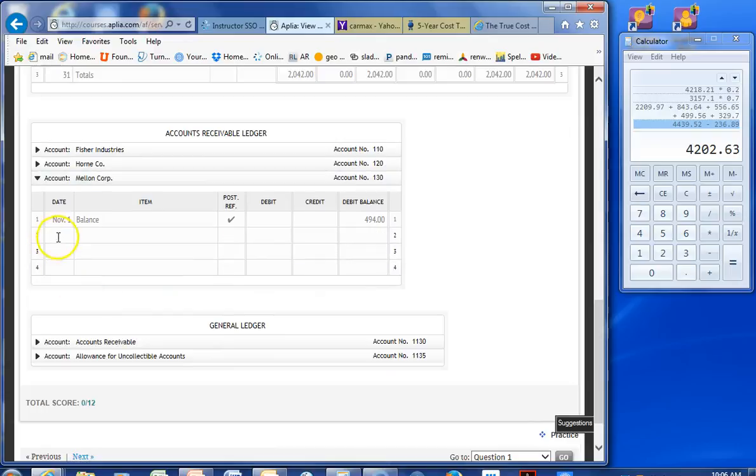Okay, let's do Mellon Corp. Again, here we wrote them off, and then they paid. So General Journal, page 15. We have a credit of $494. And then on December 8th, we have to reopen the account. Ooh, need a period. Debit, and then 8th.